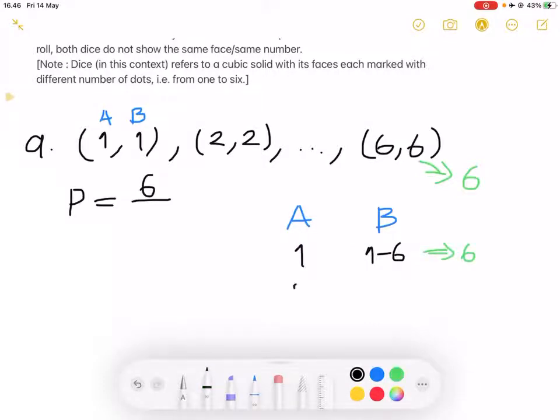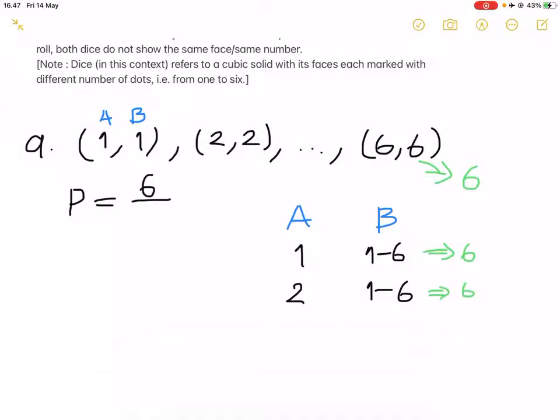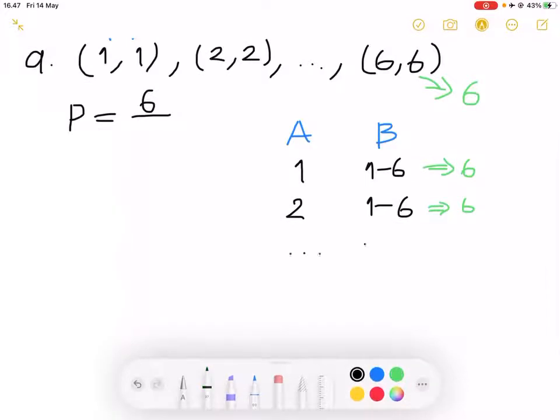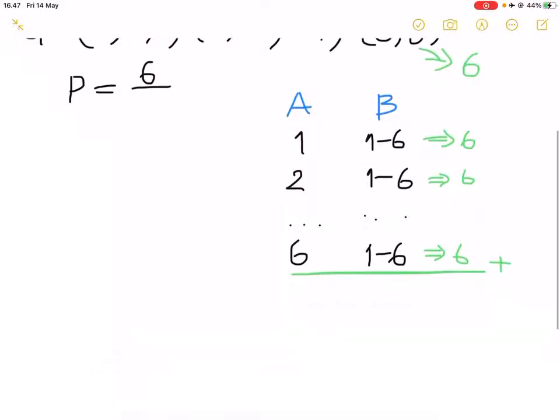We can do the same for A showing a number of 2. We can set B to be any number from 1 to 6, again leaving us with 6 combinations. You can do this all the way until you arrive at 6, which is the maximum possible value for a dice to show. And then we can just add up all these numbers of ways.